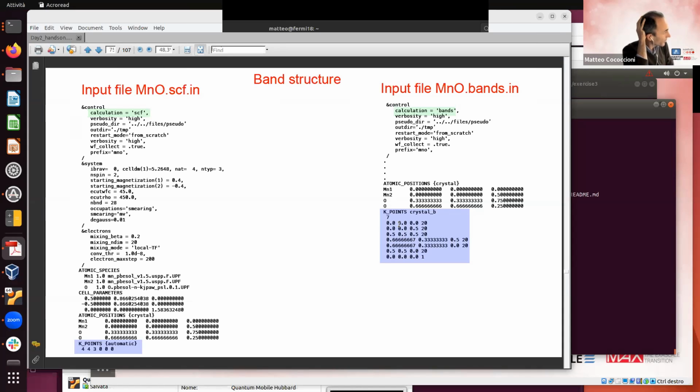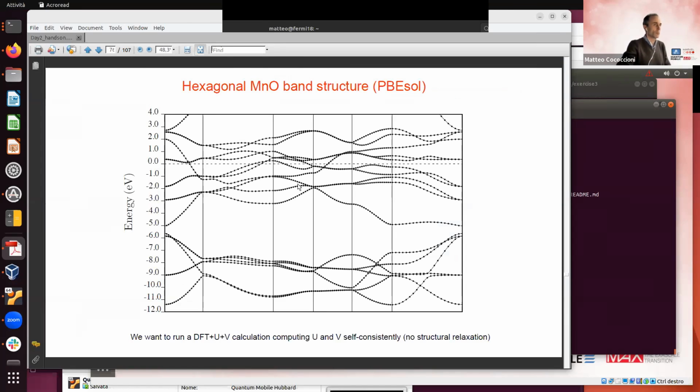It's a nice way to determine a high symmetry path for band structure. And we run as before. If we do that with PBE, we get the usual metal, because manganese has partially filled d states. Low down here you get the energy bands of oxygen, these are mostly the p states of oxygen, and up here you get the d states of manganese.